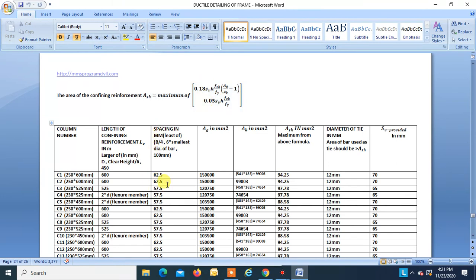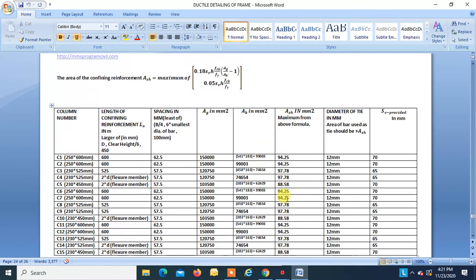SV is the spacing over here, H is height 3 meters, AG you know, AK you know. Everything is known to us. So we find ASH in this table using these formulas. The maximum ASH which we get out of these two formulas has to be taken over here, right?